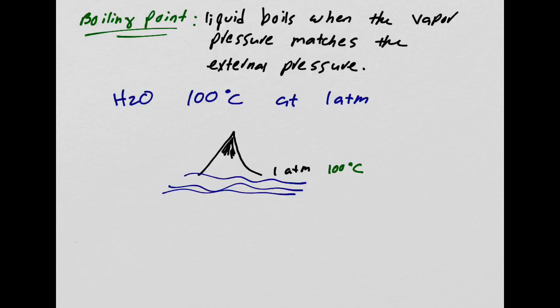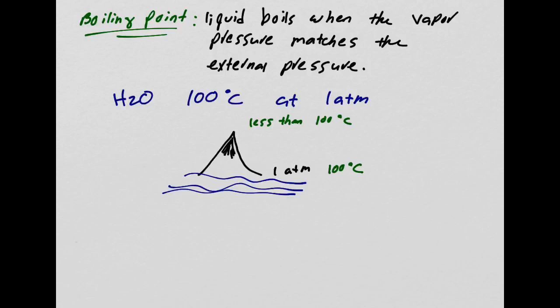Now think about this. When you go higher, do you agree you have less gases? That's why you have a hard time breathing. If you have less gases, you have a lower pressure that you need to match up. So it would be less than 100 degrees, like 95, 94.